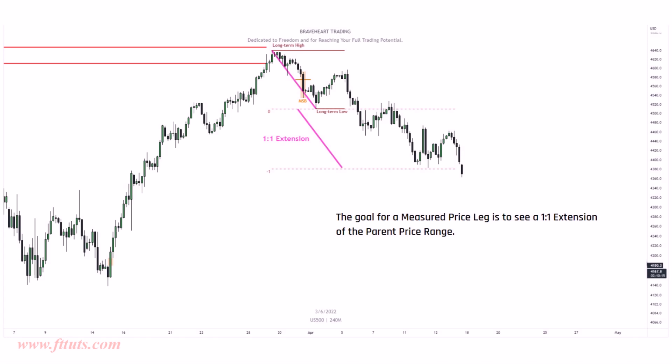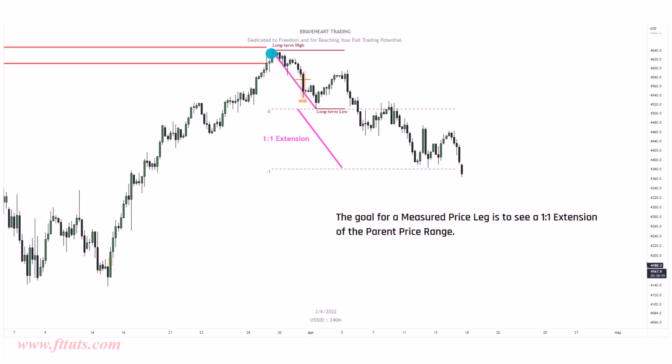So the goal for a measured price leg is to see a one-to-one extension of a parent price range. So here again is where it starts to retrace back into a premium. The parent price range is a price range that reacted off the high time frame fair value gap and caused a significant market structure break.